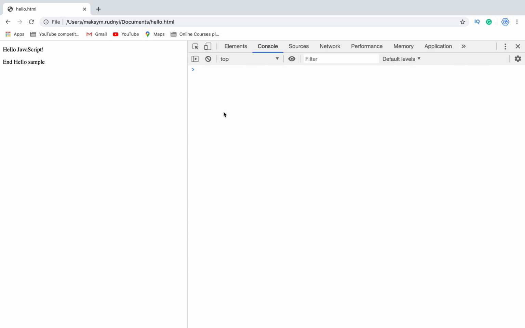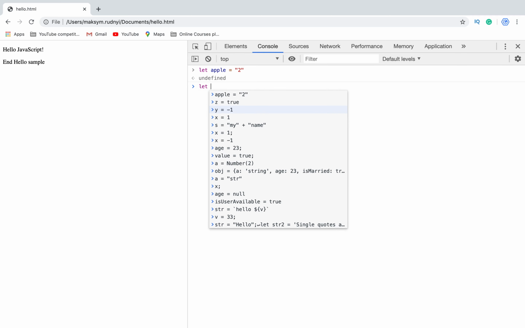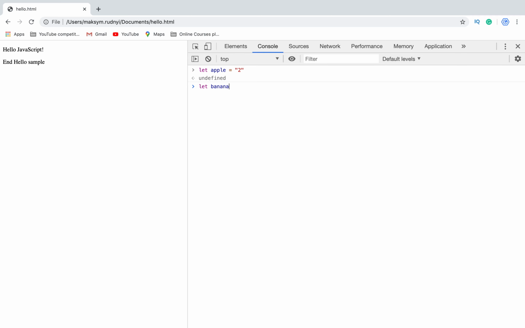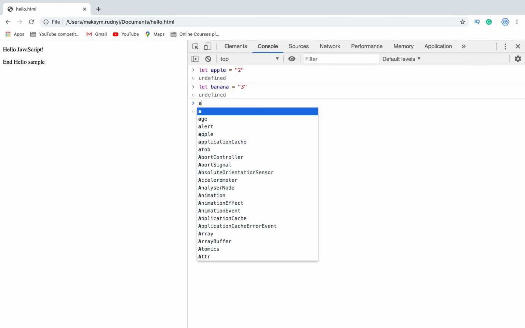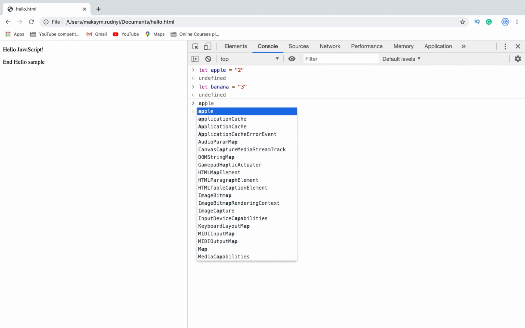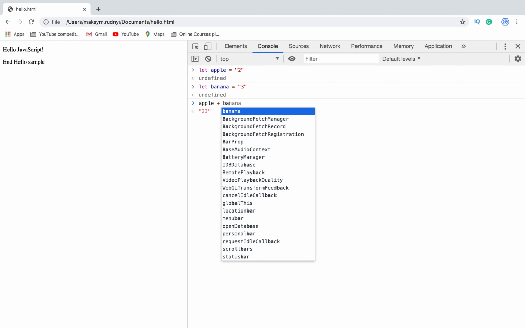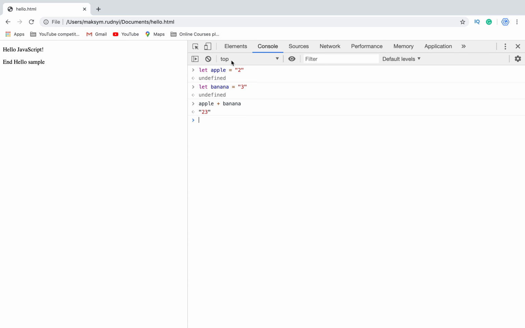The next sample with the plus operator based on this approach. So let's imagine we have this case. So what will we have if we call apple plus banana? We have concatenation of two strings, the expected result.